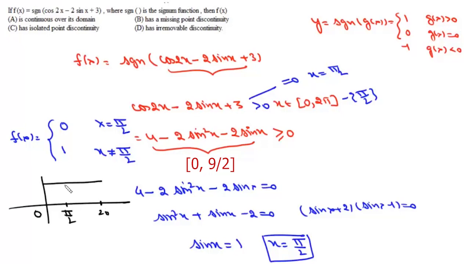Now this value will be 1 except at pi by 2 this value is 0. And since it is a periodic function, this graph will be repeated like this. Now whenever this function will have a discontinuity, it will be at odd multiples of pi by 2. It will be discontinuous at (2n plus 1) pi by 2, and it is an isolated point discontinuity, and that's your option C.